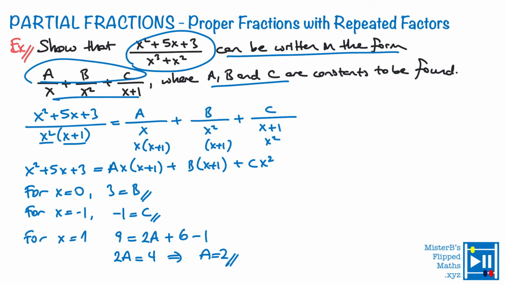We can say hence, it's going to be 2 over x, well, b is positive, so I keep plus, 3 over x squared, c is negative, so I go like minus 1 over x plus 1. So this is the partial fraction decomposition of the given algebraic fraction.